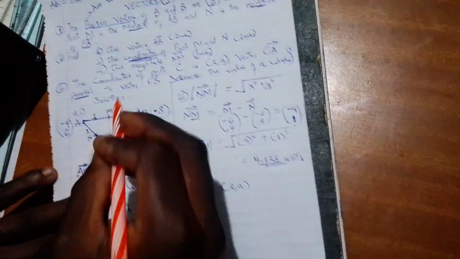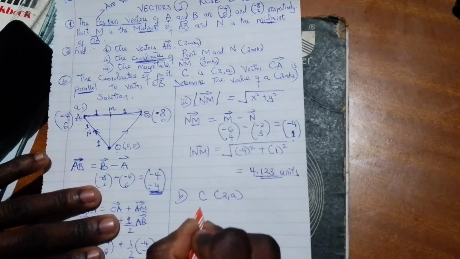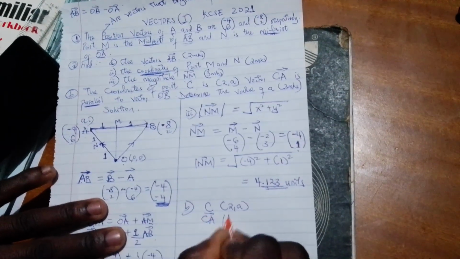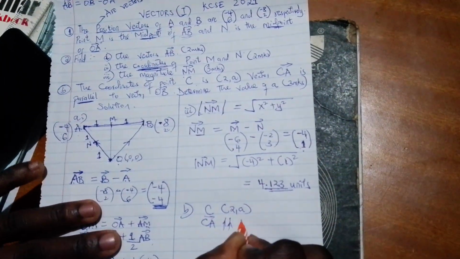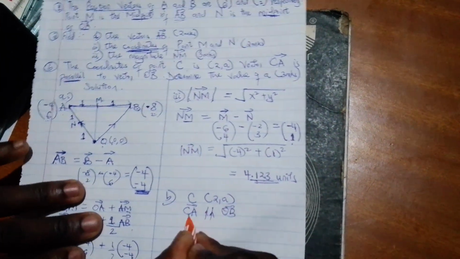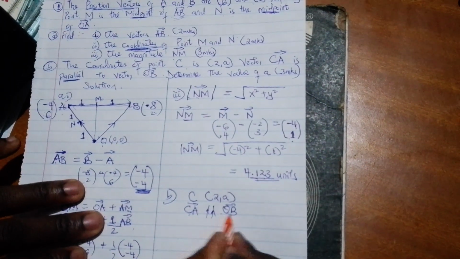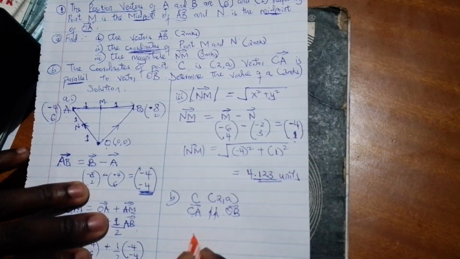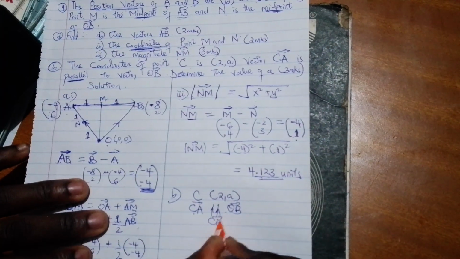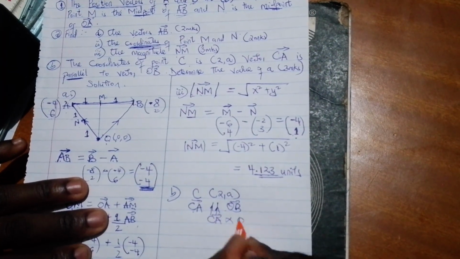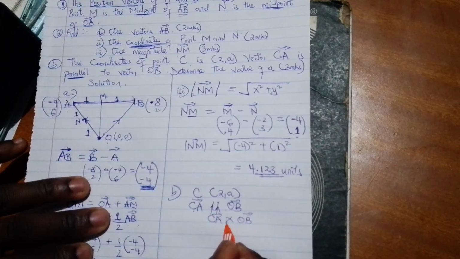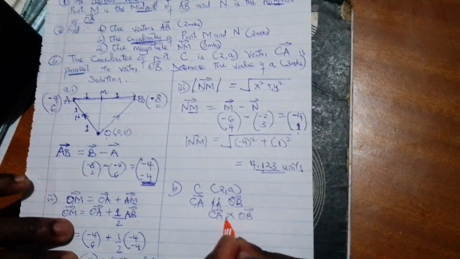So if vector CA is parallel to vector OB, it means I can express CA in terms of OB. Mathematically, I can say CA is proportional to OB, such that they will have a constant if I remove the sign of proportionality.